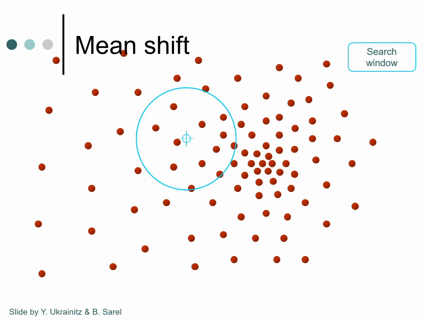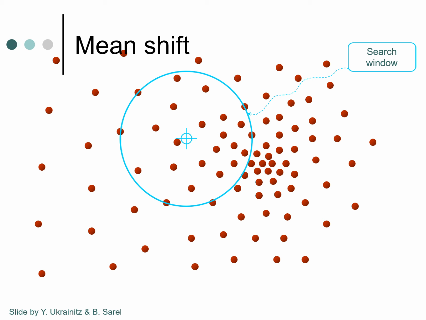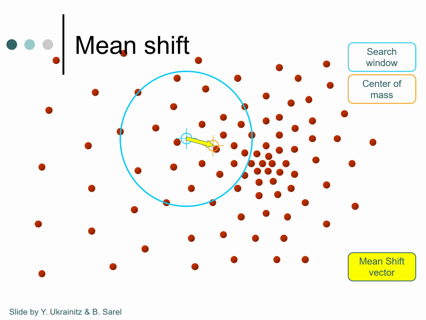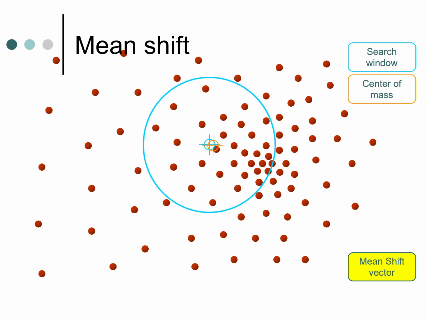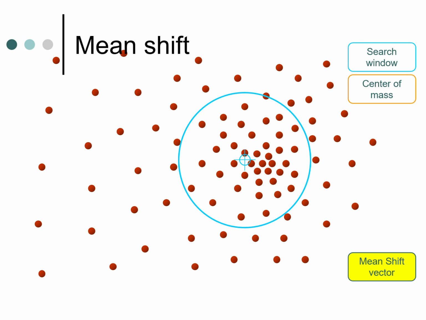This is mean shift. We are starting with the search window. We are identifying the center of mass. Once the center of mass has been identified, the mean shift vector is computed from the search window to the center of mass. Then the search window is moved to the center of mass. Now the center of mass will act as the search window. Then the center of mass is identified again and it is moved.